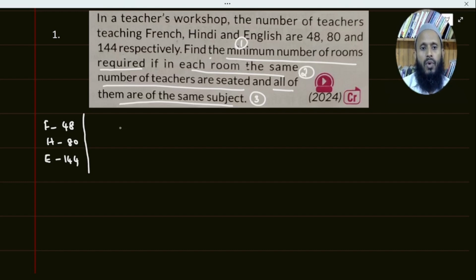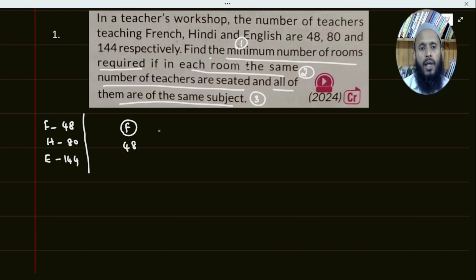According to what I have done, in a single room I have filled all the teachers. So the teachers are mixed up now. But that is not allowed as per the question. So there should not be any mixing up of teachers. So to satisfy the third condition, I will take all those French teachers and take one room and fill that room fully with French teachers.